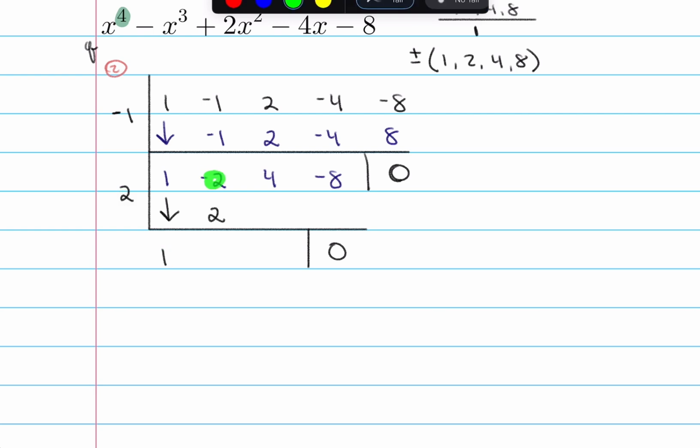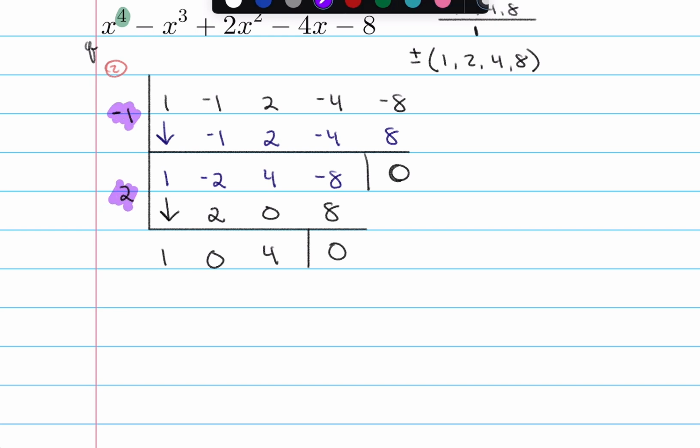Negative 2 plus 2 is 0, and 0 times 2 is 0, and 4 plus 0 is 4. 4 times 2 is 8, and negative 8 plus 8 is 0. Okay, so I found 2 of my zeros. I'm looking for 2 more.